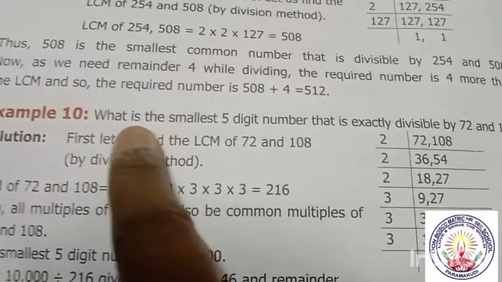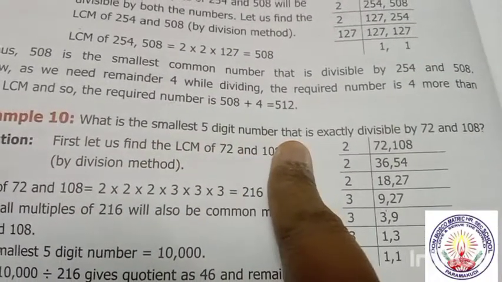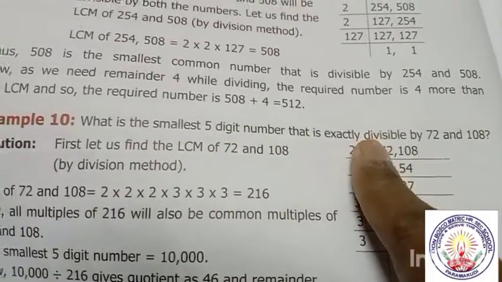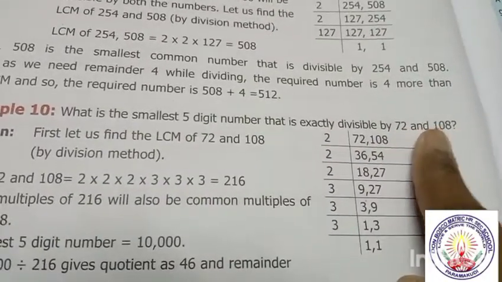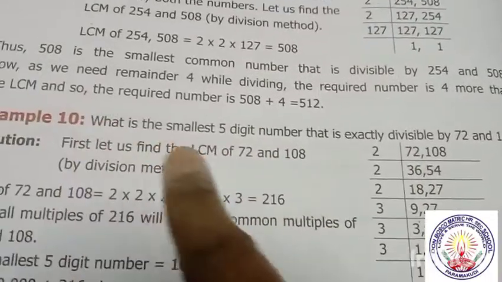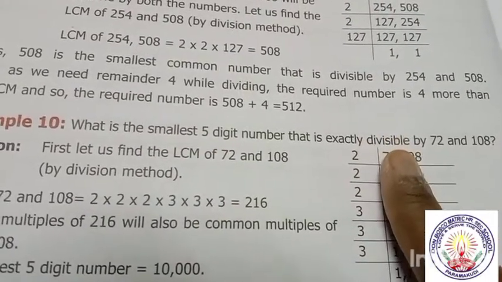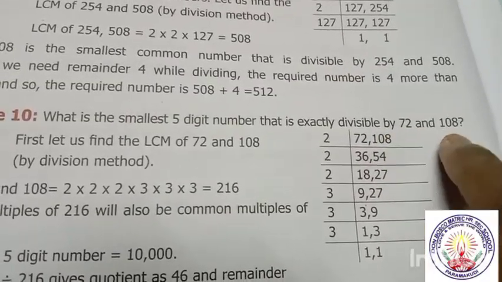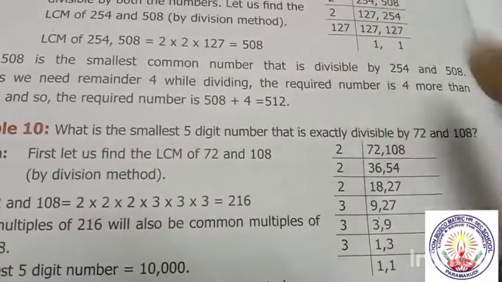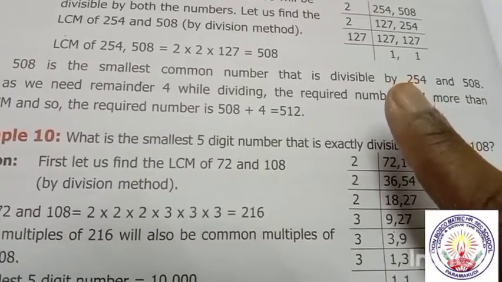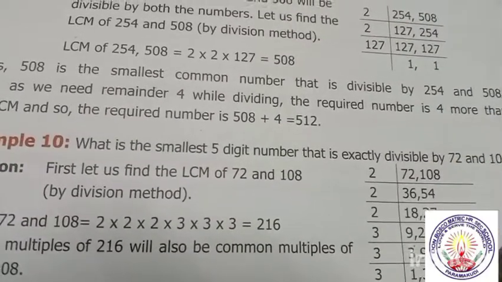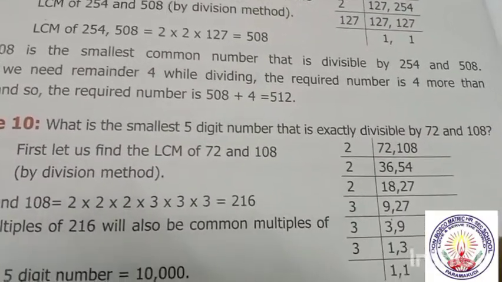Example 10. What is the smallest 5-digit number that is exactly divisible by 72 and 108? What does exactly divisible mean? Exactly divisible means the remainder is 0.